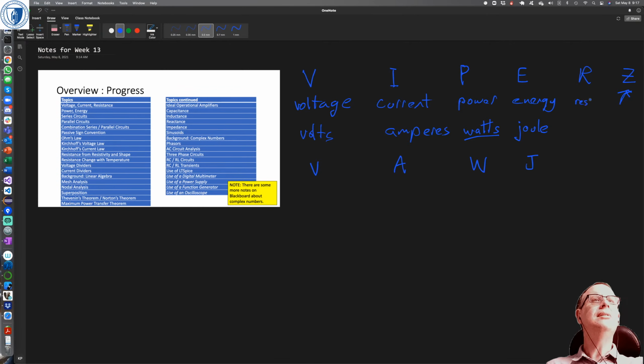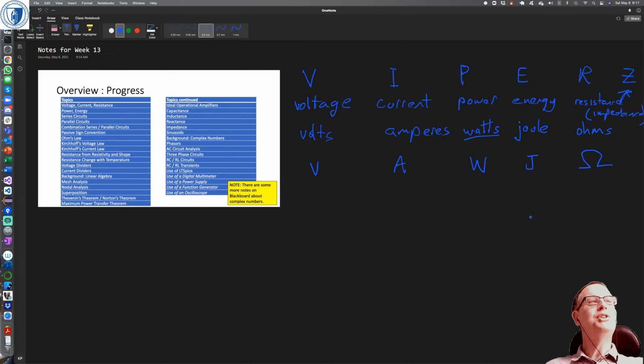R is resistance, and the Z is impedance, and the units for both are ohms, and the symbol is a capital omega.